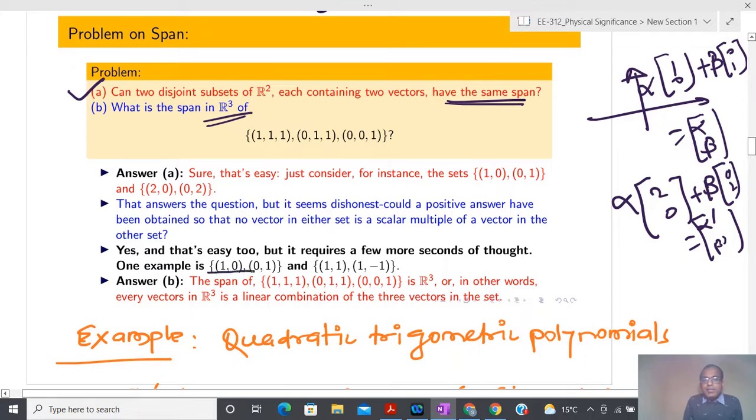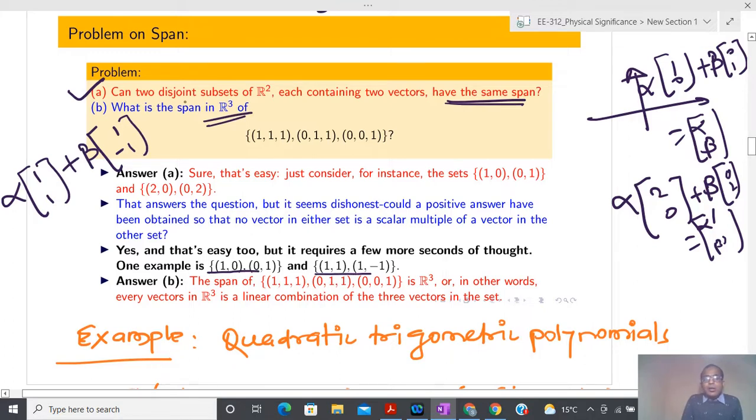Suppose you select (1,1) and (1,-1). These two vectors are not just a scaling of the first vector, and if you solve it, it is possible to show that again you are able to span any point in two-dimensional space.